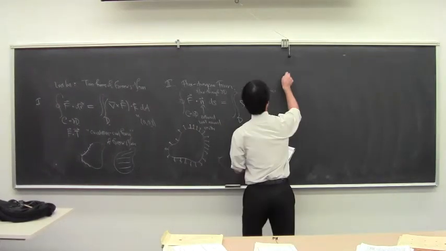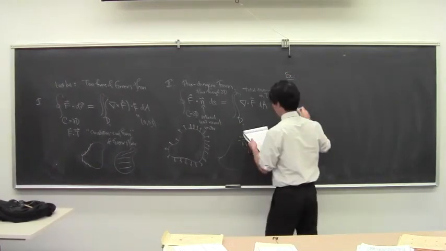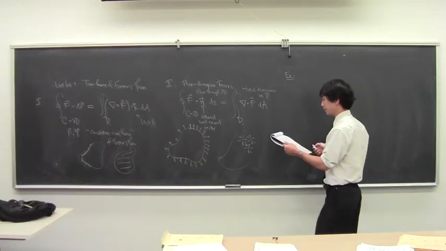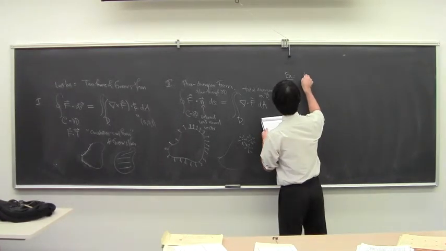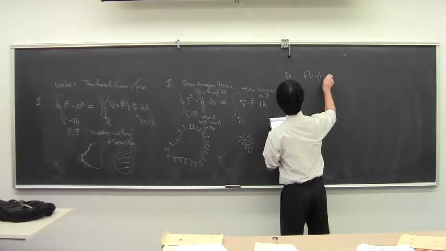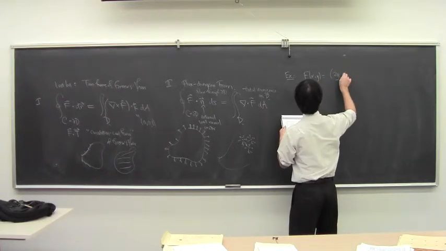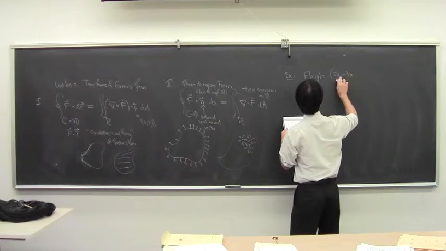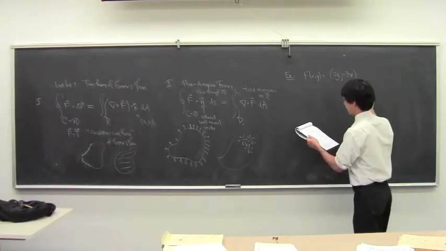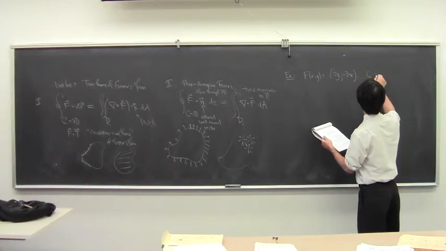Let me give an example of how this happens. Let F of x, y be 2y, comma, minus 3x. Let C be the unit circle.